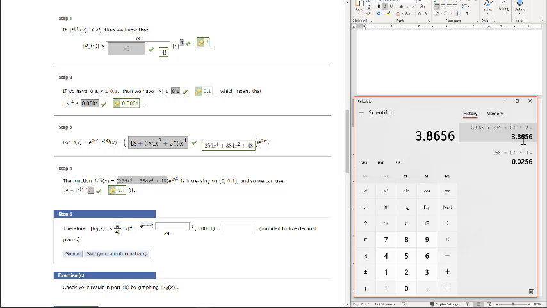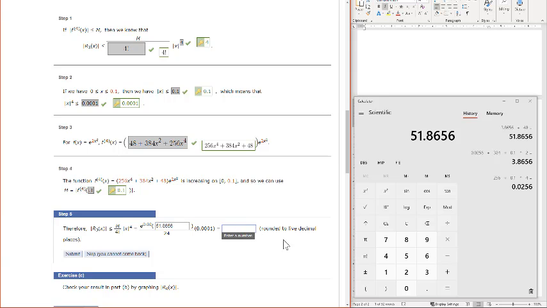So we have that, and then we add 48. So that's 51.865. Let's just enter the whole thing, 51.8656.